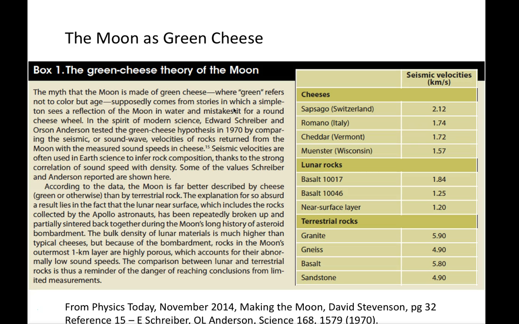Now, the moon is green cheese. It's kind of interesting. Here's an example of velocity of sound for different types of cheese, and for lunar rocks and for terrestrial rocks. And what's interesting is if somebody says that the moon is made out of green cheese, well, you can say it has similar properties.